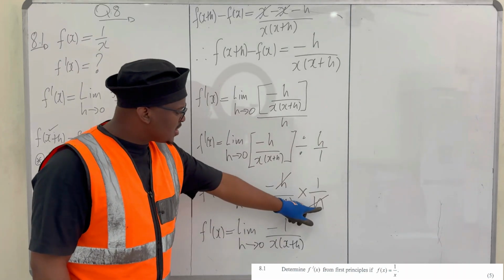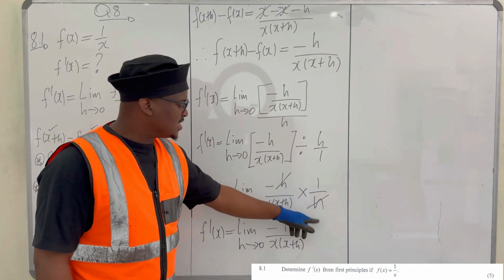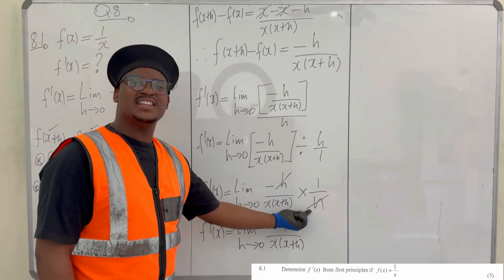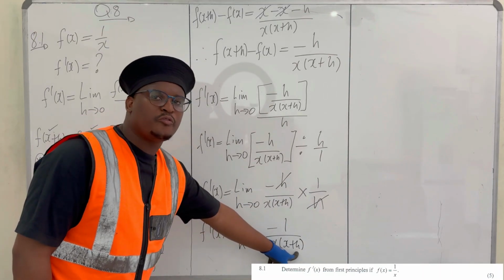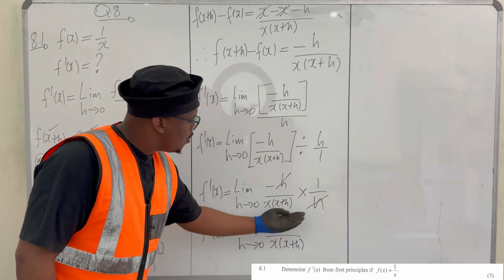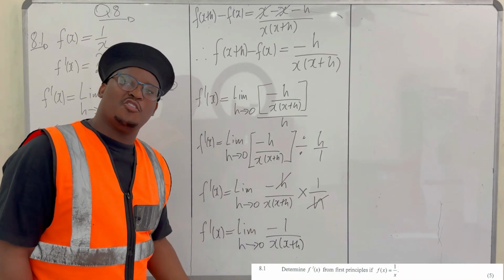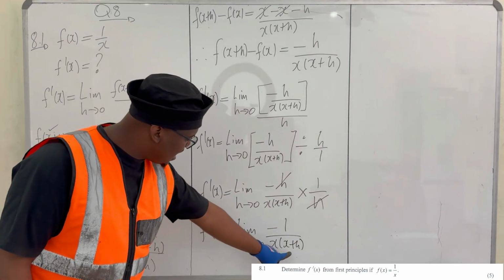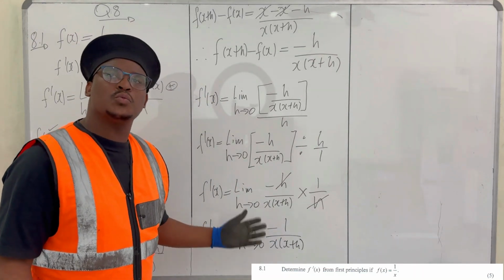But now that we've got rid of that lone h as a denominator, we can put 0 there with no fear, because we won't be dividing by 0. You will be able to simplify that with no problem.